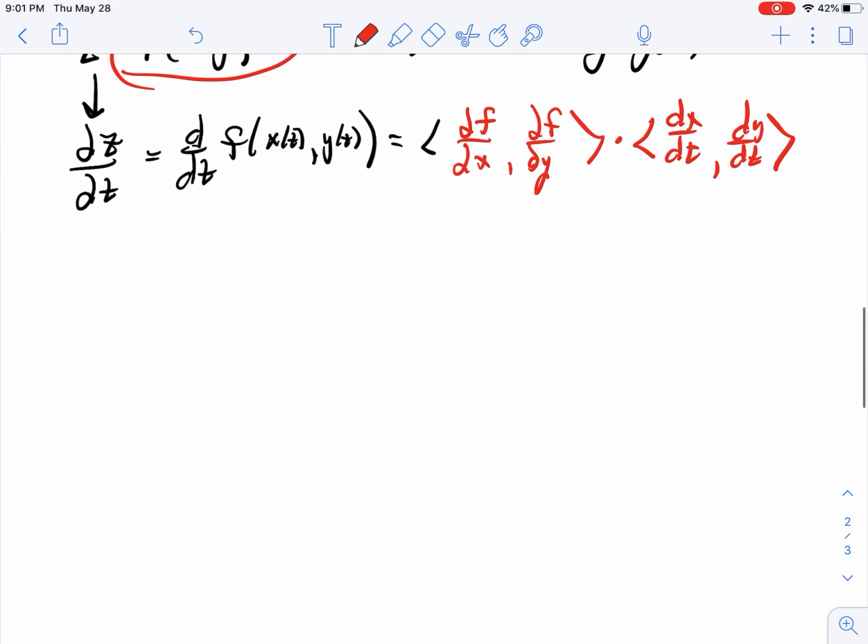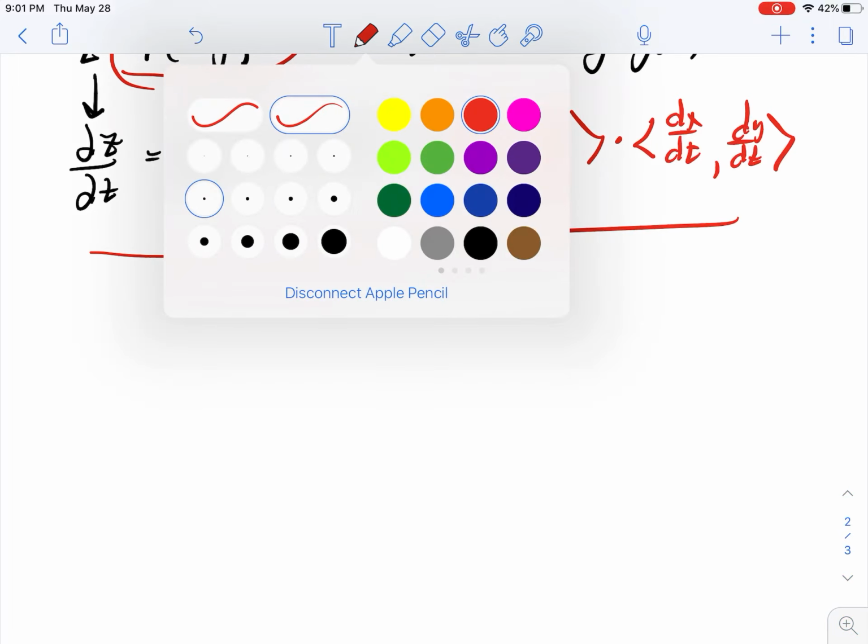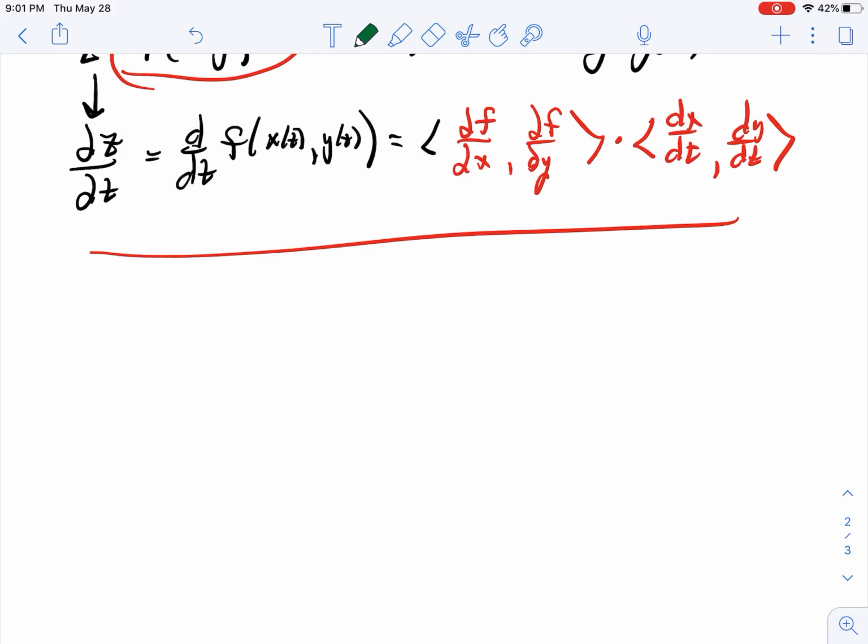Okay. If I add an extra variable to this, okay, so let's say we have f of x comma y comma z. So again, they might use, let's say, w equals f to represent that.